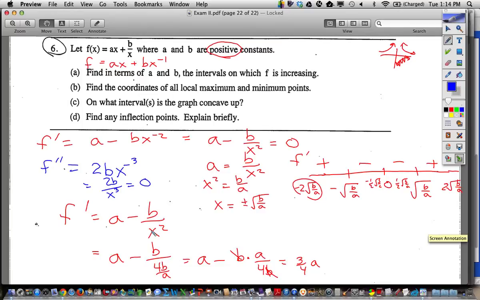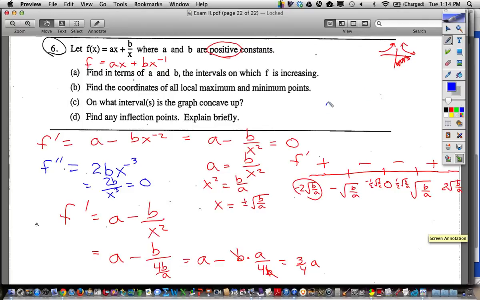When 2b equals 0, but what do they say about this? A and b are both positive, so b is not going to be 0. But remember, we also had to talk about where it's undefined, whenever the bottom equals 0, which is at 0.